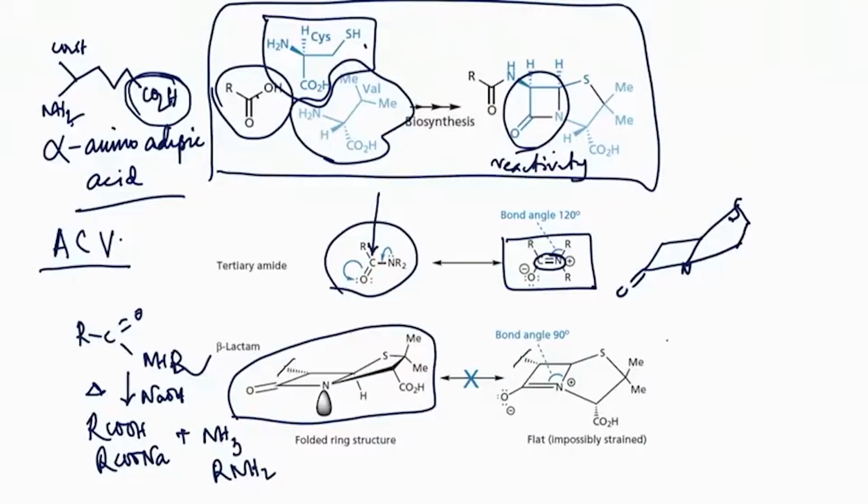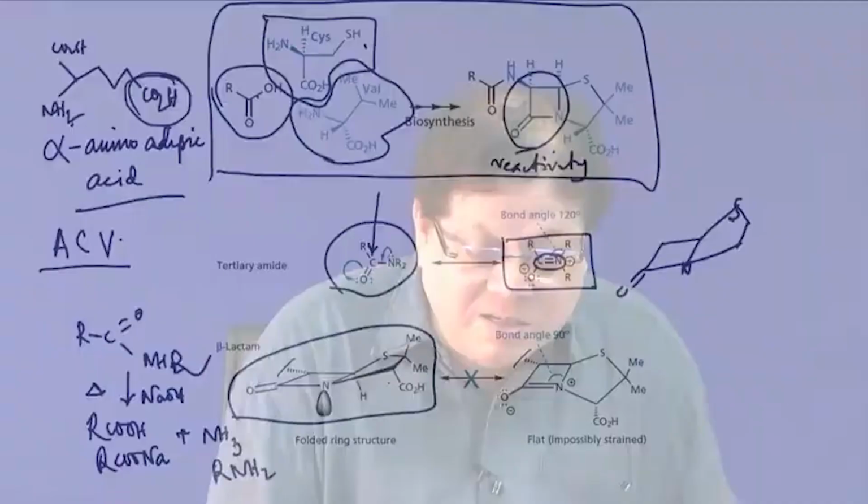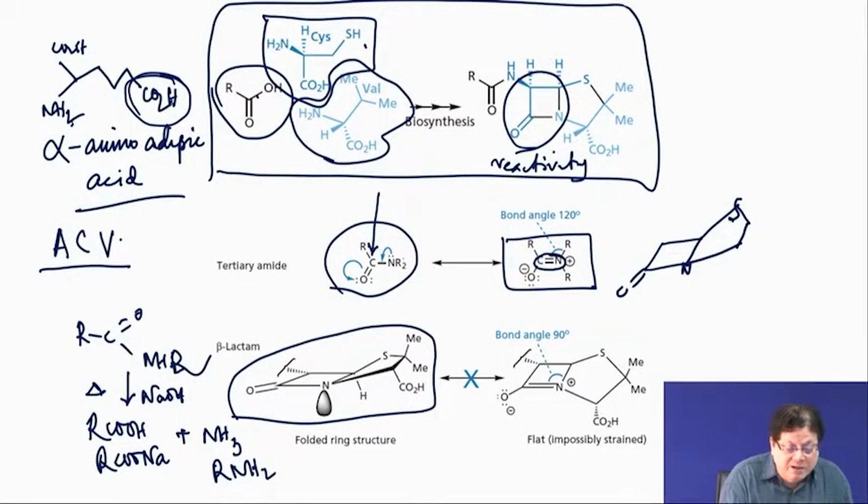Okay. So, it is not a planar molecule, that is number 1. Number 2 is this: in acyclic amides, the lone pair enters into resonance with the carbonyl, but that is actually not permissible in beta-lactam, because if the lone pair participates in resonance, then what happens?